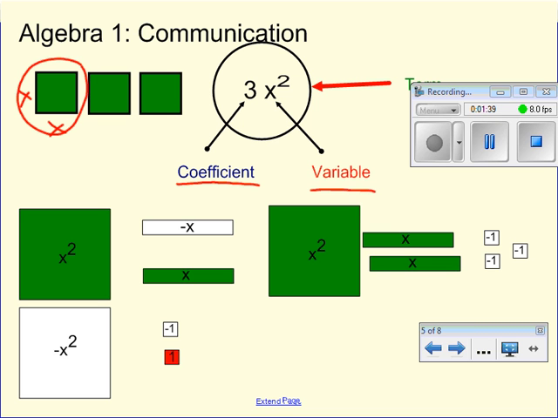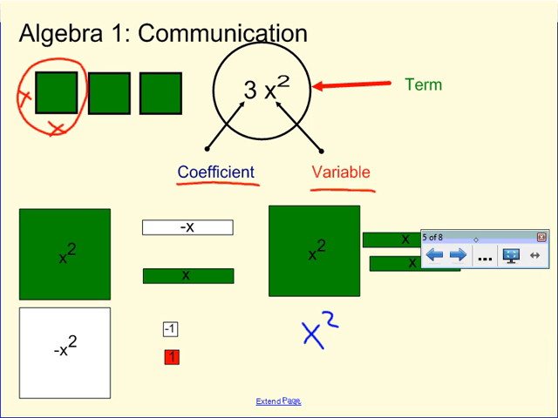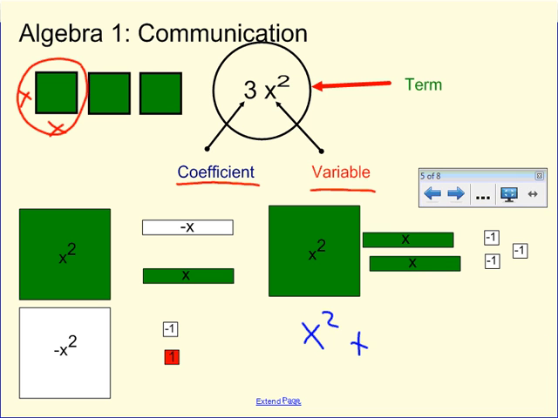Here I now have 3 different terms. I first of all have my x squared, so I only have one of them. Don't need to put the 1. I have 2 of my x's, positive 2x. And I have 3 negative 1's. So 1, 2, 3, all of them are negative, negative 3.